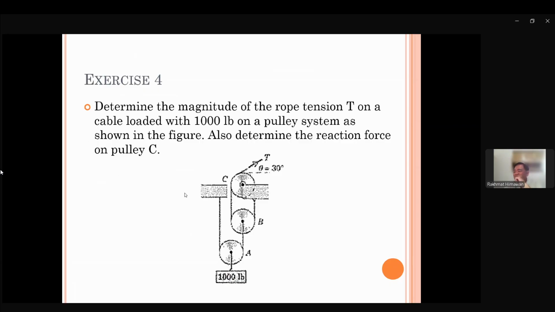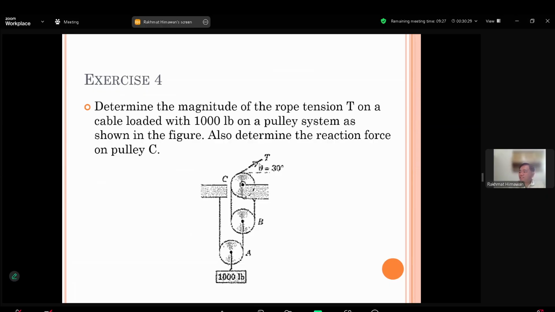You can see here the three pulleys A, B, and C, and it's attached to a cable T. This cable is going from the C pulley to the B pulley, and the B pulley is connected to another pound weight. The question is: determine the magnitude of the rope tension T.